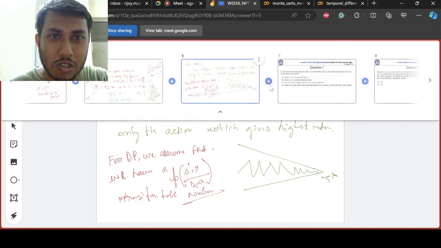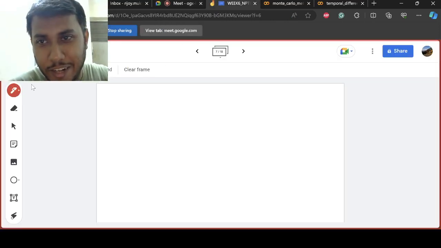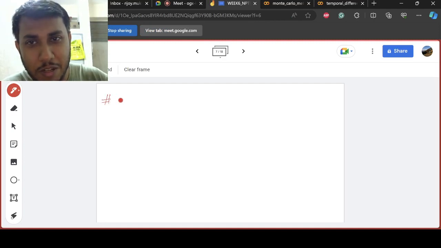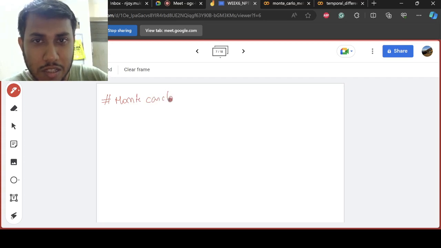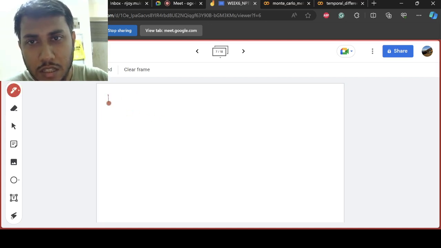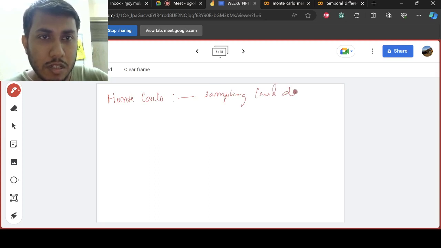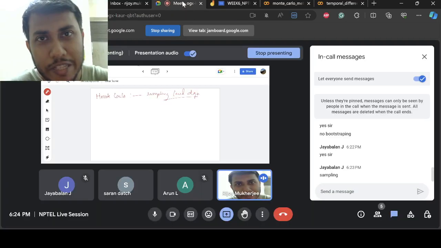Now let's come to how you improve this. The next algorithm we come across in the literature was Monte Carlo, and this is basically a sampling based algo, right?